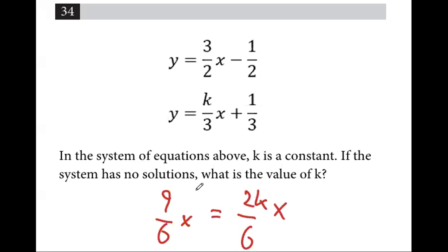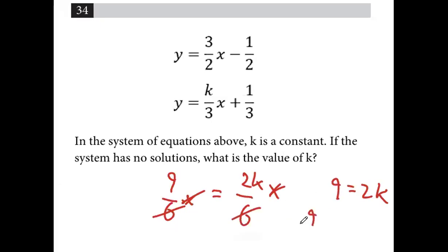So now these two have to equal each other. We can get rid of the denominators, and we have 9 equals 2k, which means that the value of k is just 9 over 2. Or if you want to put a decimal, 4.5.